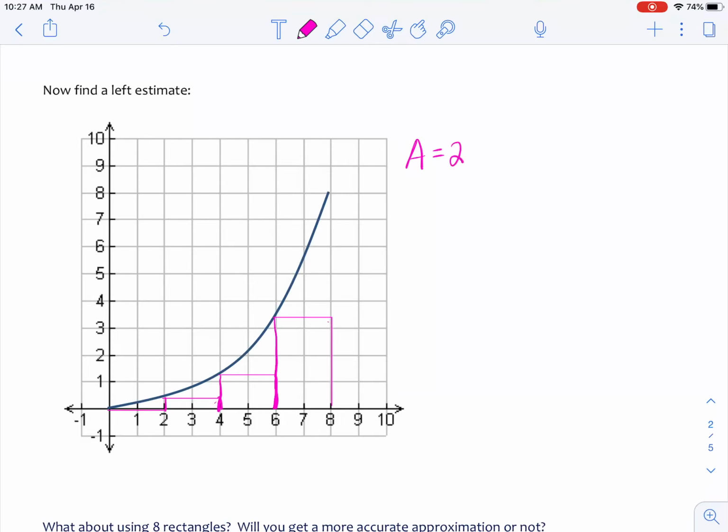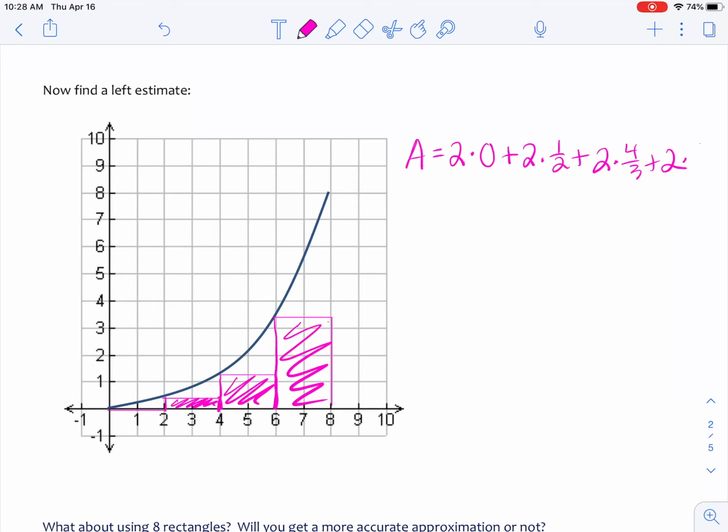So now approximating this area, each of our widths of the rectangle is still 2. So that first one where it's the line, I have a width of 2 and a height of 0, plus the next rectangle, width of 2 and then a height of 1/2. Next rectangle, width of 2, height of 4/3.